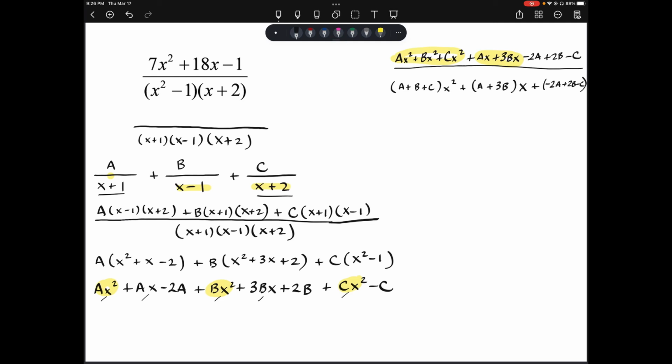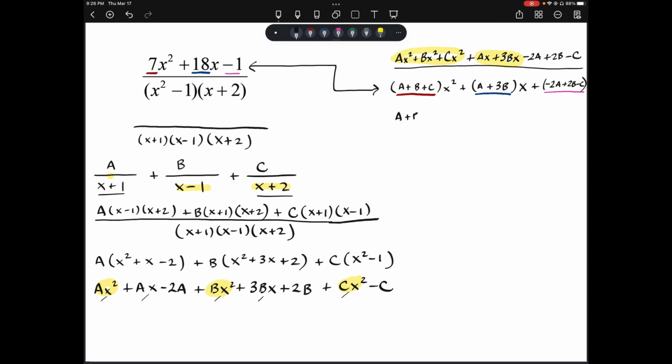All right, so now as you look at that, you can compare that to this, right? You've got a plus b plus c should equal 7. A plus 3b should equal 18. And then negative 2a plus 2b minus c should equal negative 1. So let's get those jotted down, and then we can finish this.